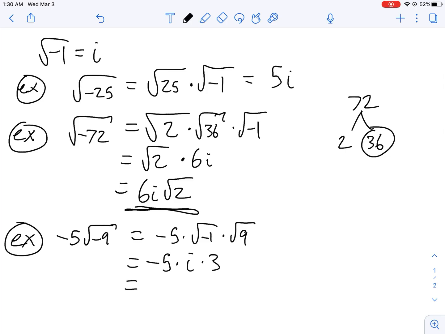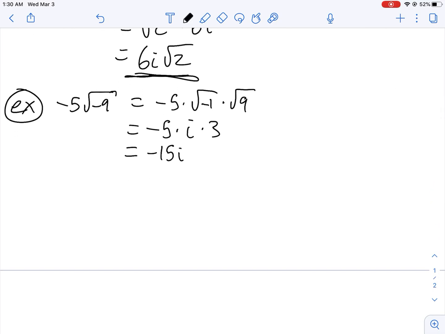Negative 5 times 3 is negative 15. Negative 15i. And that's what it simplifies to. So these are imaginary numbers. We can add imaginary numbers together. We can subtract imaginary numbers.